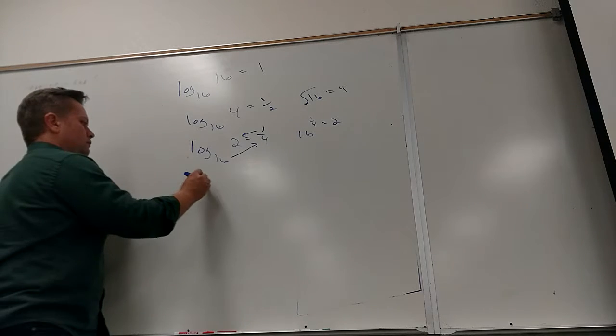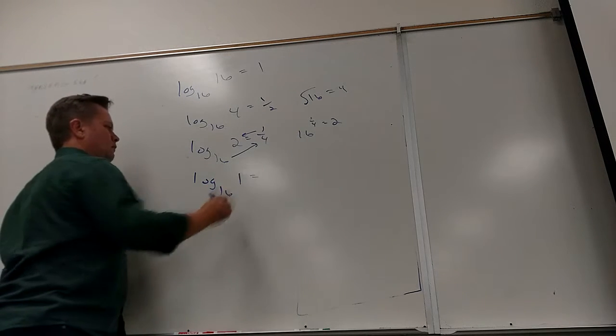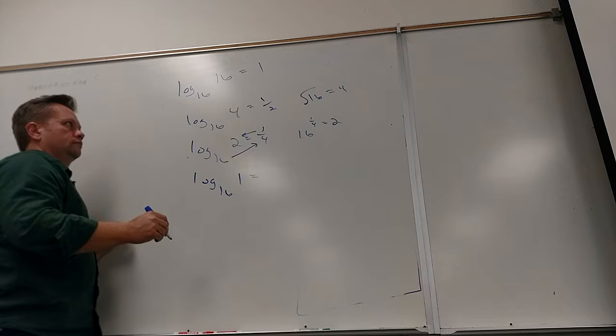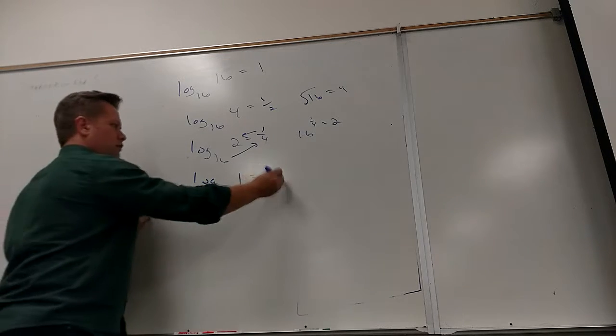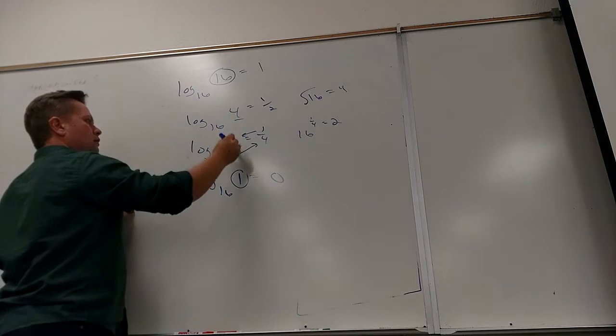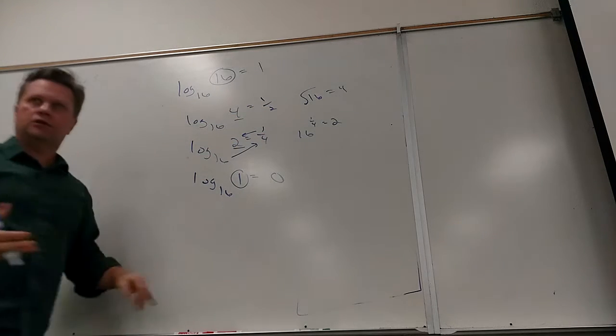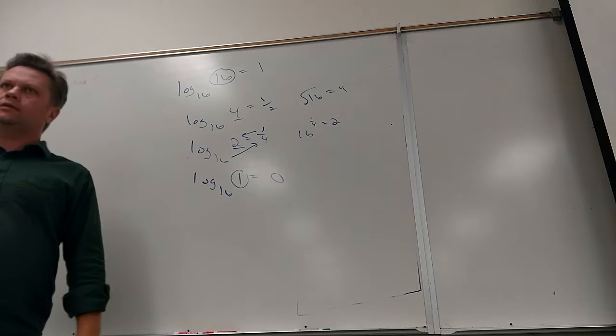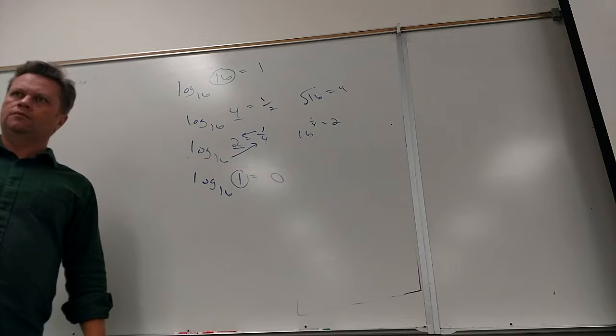What about log base 16 of 1? Zero. Yeah, so see how if it's between 16 and 1, the answer is a fraction because it's a root, and it cuts it down and cuts it down and cuts it down.